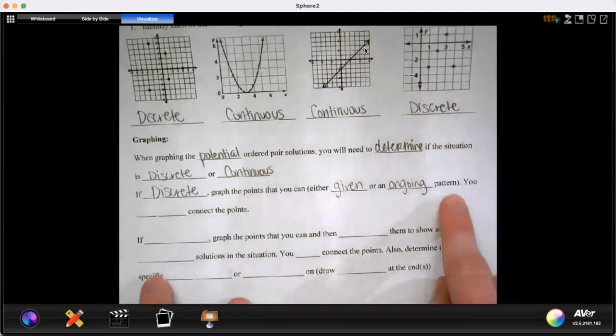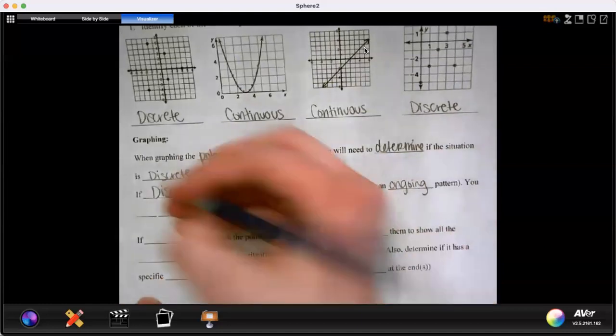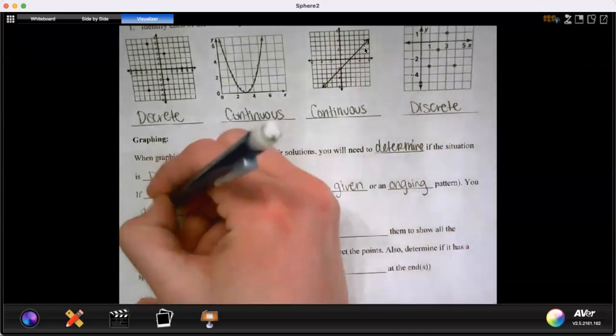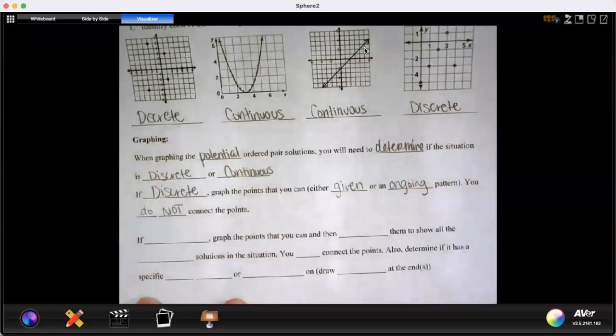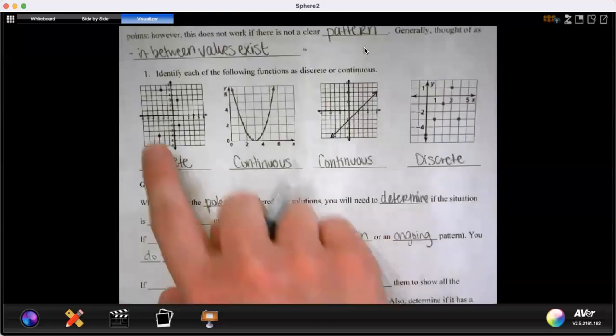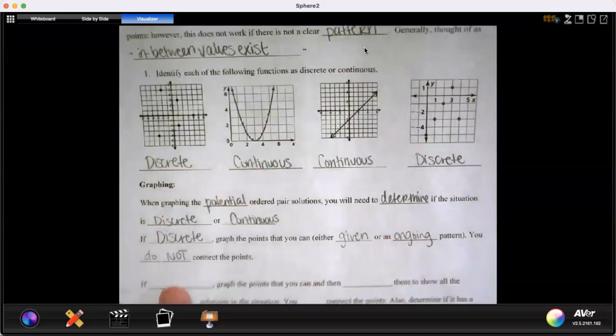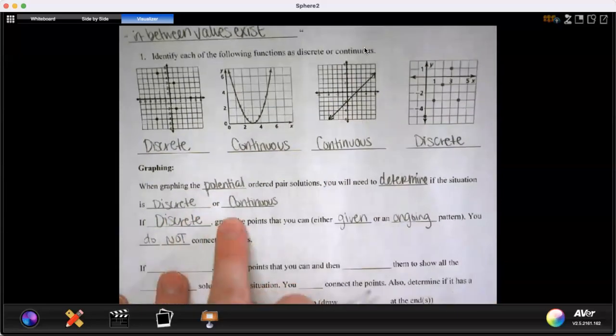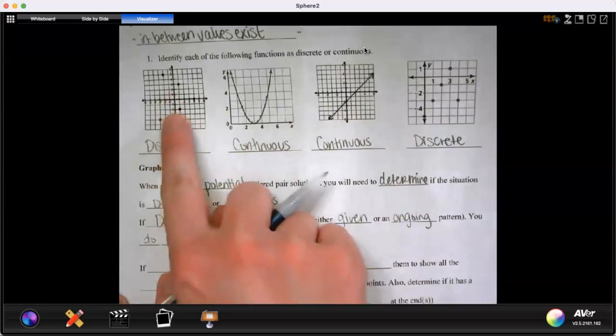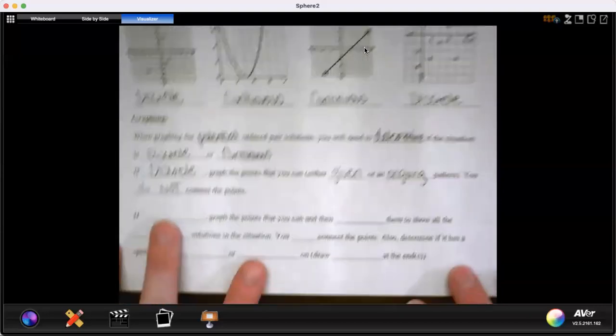But with discrete, you do not connect the points, okay? Because remember, distinct does not have in-between points, and you cannot fractionalize. So although we have distinct points, and there might be a pattern, we do not connect the points because there's no values in between. Okay?